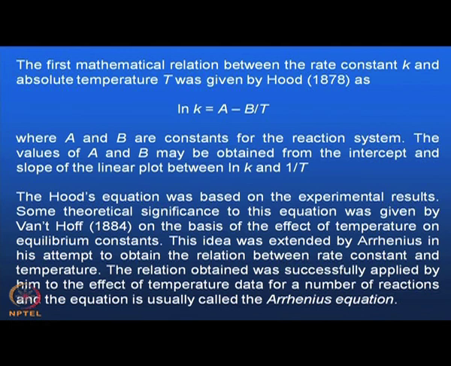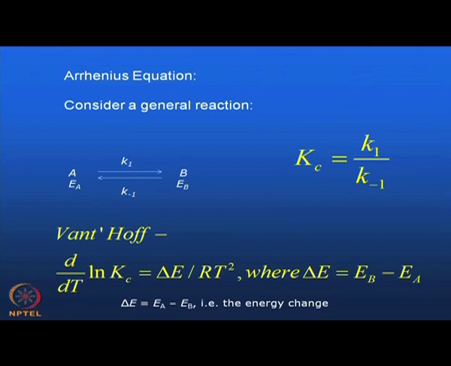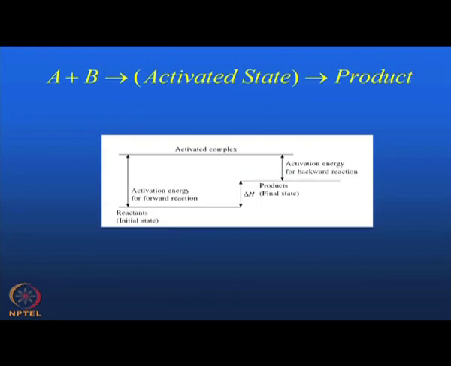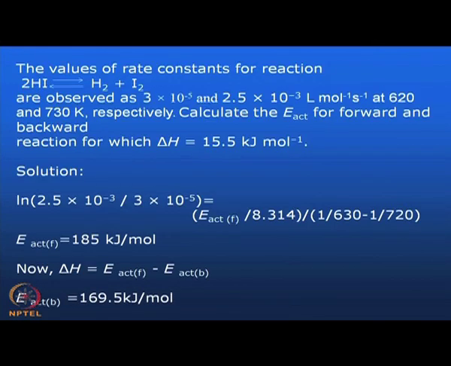That is, ln k is equal to A minus B by T, and using the idea of van 't Hoff, Arrhenius put forward his famous equation. From Arrhenius' equation, we can find out the activation energy for the chemical reaction by doing a temperature variation experiment.